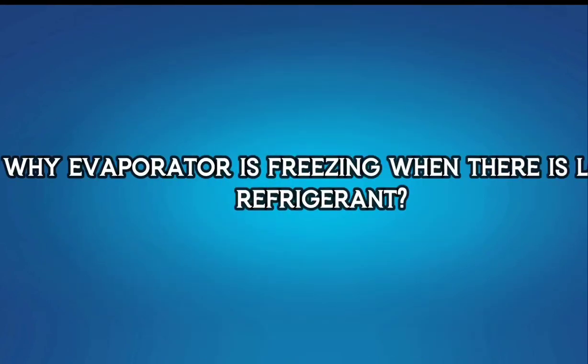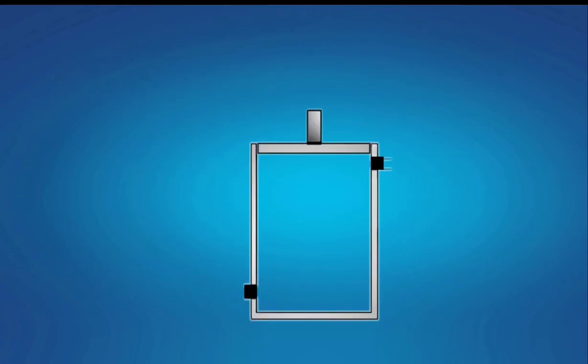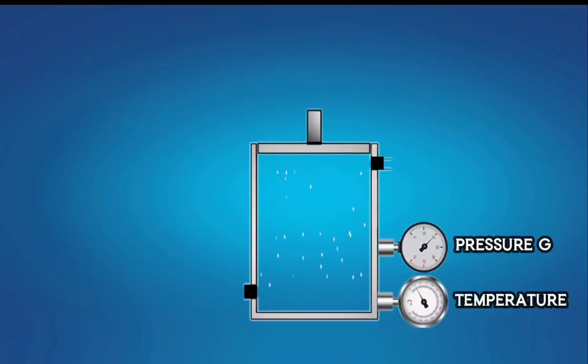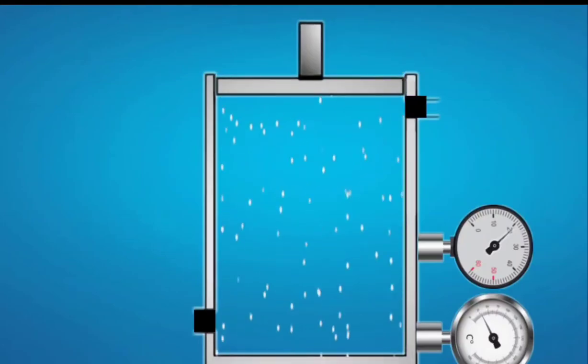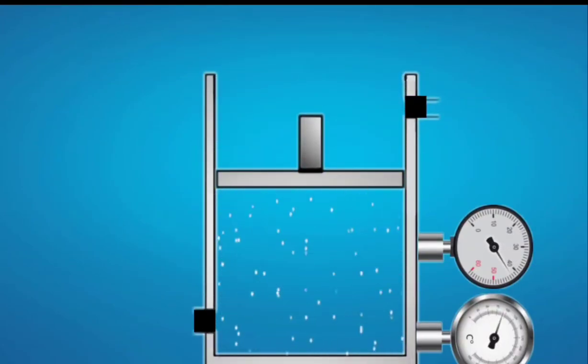Why does the evaporator coil freeze when refrigerant is low? Before that, we can first know about the pressure-temperature relationship. Let's take a box that is completely closed. Fill some air inside the box and fix a pressure gauge and temperature meter in it. Now, when you apply pressure inside the box, the pressure and temperature of the air inside the box increase.